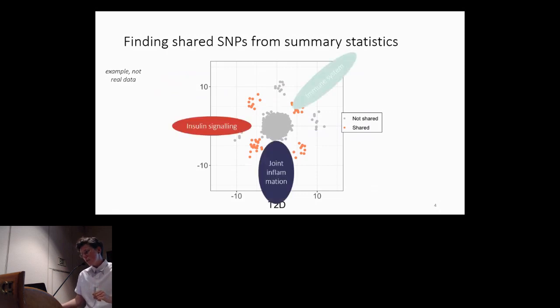If we go back to the SNPs from the previous slides, we would find the SNPs that are involved in joint inflammation on the y-axis because they have an effect on rheumatoid arthritis or trait Y, and they do not have an effect on trait X, and vice versa for insulin signaling. But the SNPs that are involved in the immune system, in my example, would be found in this corner, or actually one of the corners, because they have an effect on both traits.